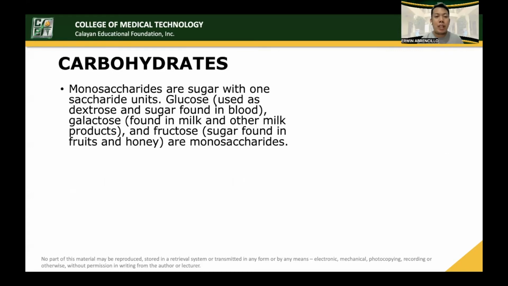So monosaccharides are sugars with one saccharide unit. That means it is a single unit of sugar. Monosaccharide is actually the building block of carbohydrates, meaning that carbohydrates are made up of different monosaccharides. Some examples are glucose, which is used as dextrose and is also the sugar found in the blood.